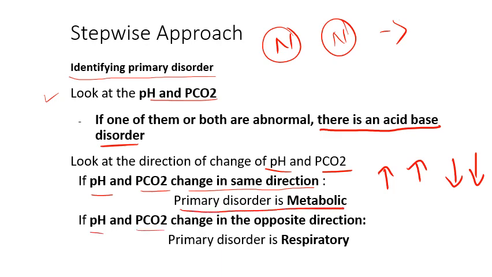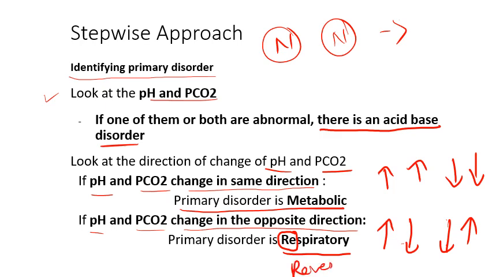If pH and PCO2 change in opposite direction, that is if pH increases and PCO2 decreases, or pH decreases and PCO2 increases, the primary disorder is respiratory. How you can remember this is respiratory has RE as first two letters, and RE are also the first two letters of the word reverse.